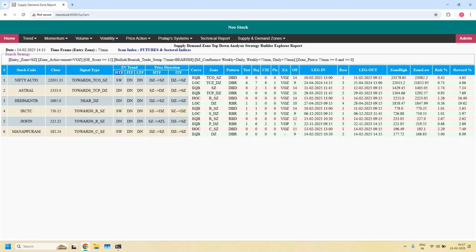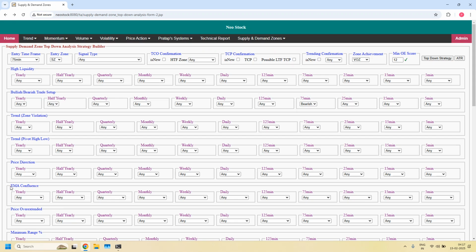And weekly means HTF. And how many stocks are having downtrend? 3 stocks. If any of those 3 stocks are having weekly supply zone with weekly EMA, then those stocks are even more high probability trade setup supported stocks. Let's verify. In the EMA confluence, at a weekly time frame, because the 75-minute zone is a part of the daily, both together overlapped with weekly.